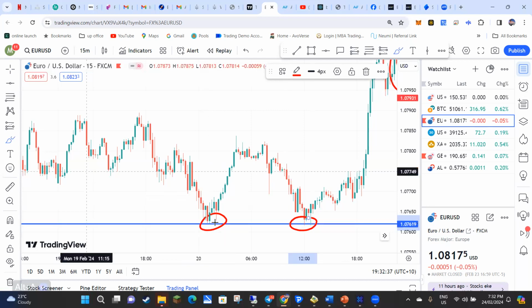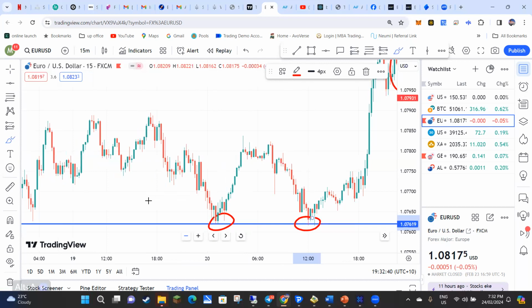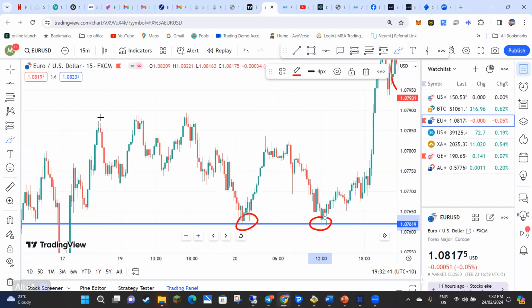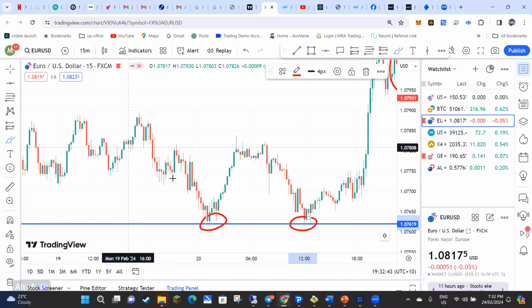So the market's been coming down. Not in this case, not much, but it's just been coming down. And like in that last lesson, we started talking about market structure, and we had a high, a lower high, and we had a low and a lower low and a lower low.